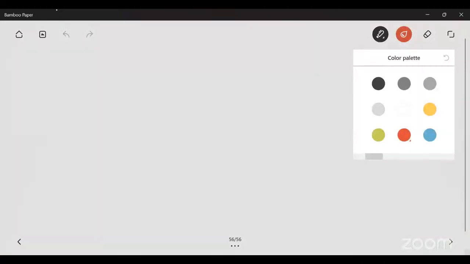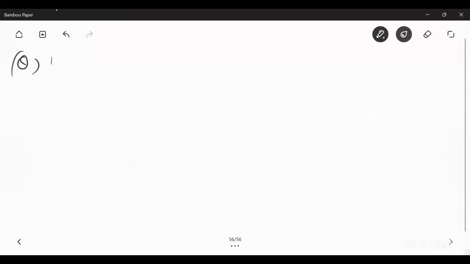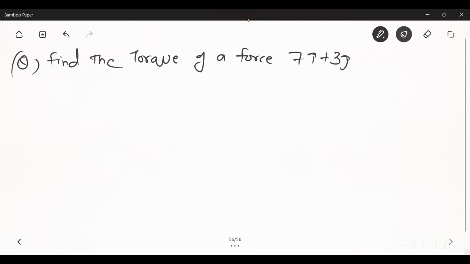Now next question is, find the torque of a force 7i cap plus 3j minus 5k cap about the origin.